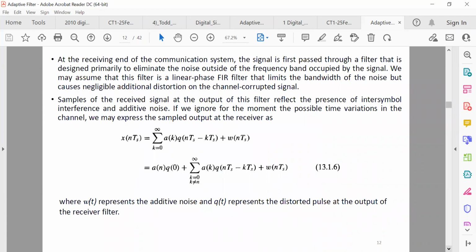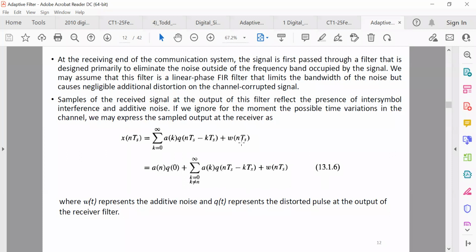Now, see, at the receiver end, after the correction, we get the signal x(nTs). It should have been equal to the sum of a_k q(nTs - kTs), plus w(nTs). This is the channel noise, additional noise.